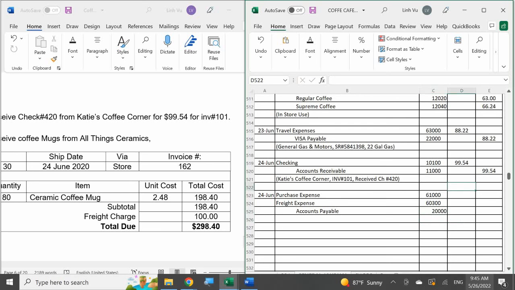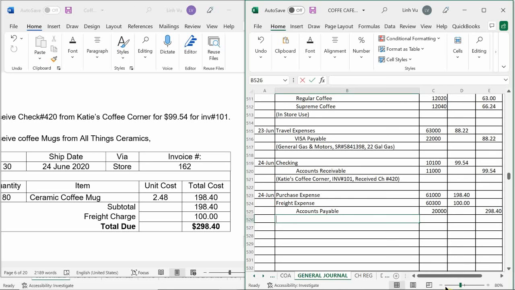Okay. So how much was my total purchase expense? $198.40, and the freight, $100, giving me a grand total of $298.40. Now, of course, we have all the information we need as well. We received a bill. Who did we receive it from? All Things Ceramics. Invoice number 162.